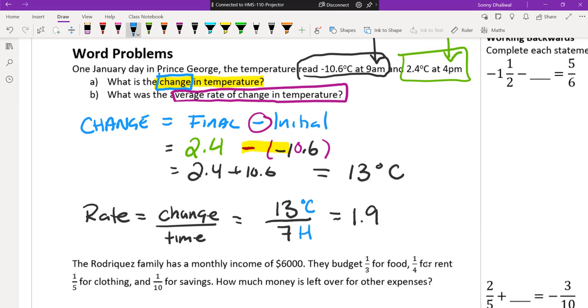So the top number divided by the bottom number means the top unit divided by the bottom unit: degrees Celsius, and this little slash means per hour. 1.9 degrees Celsius per hour.